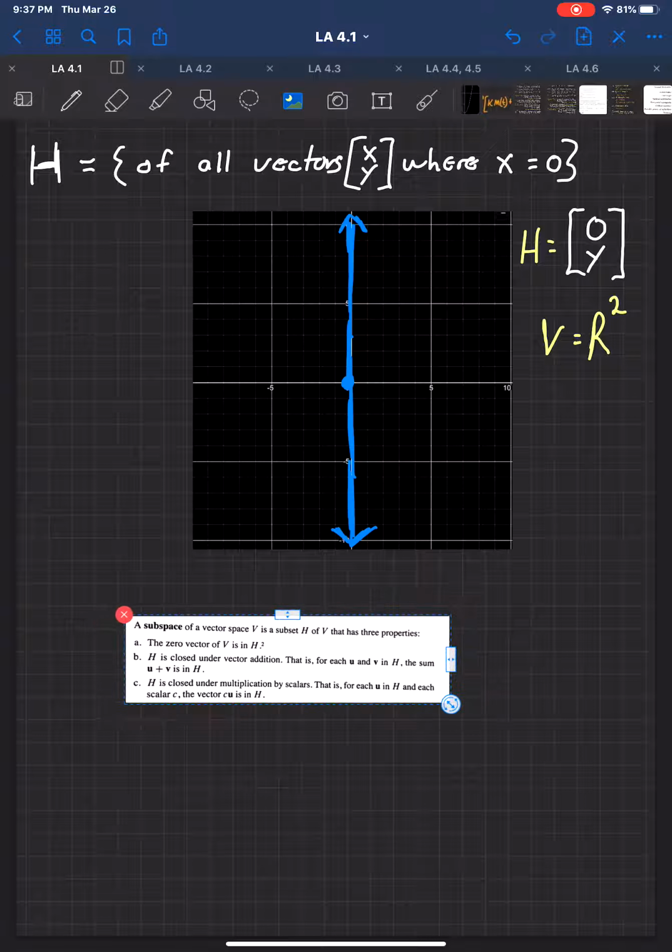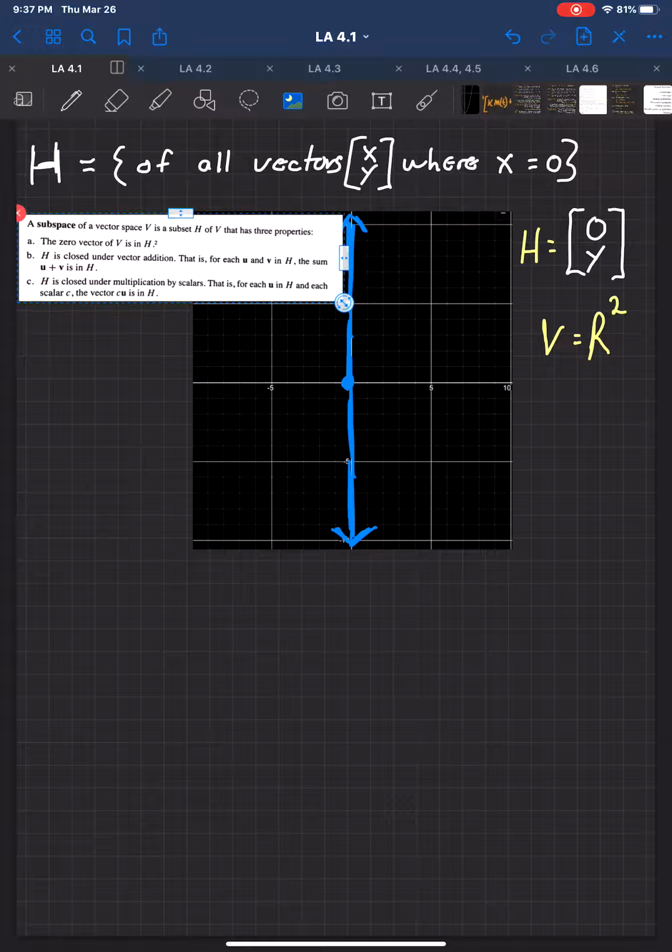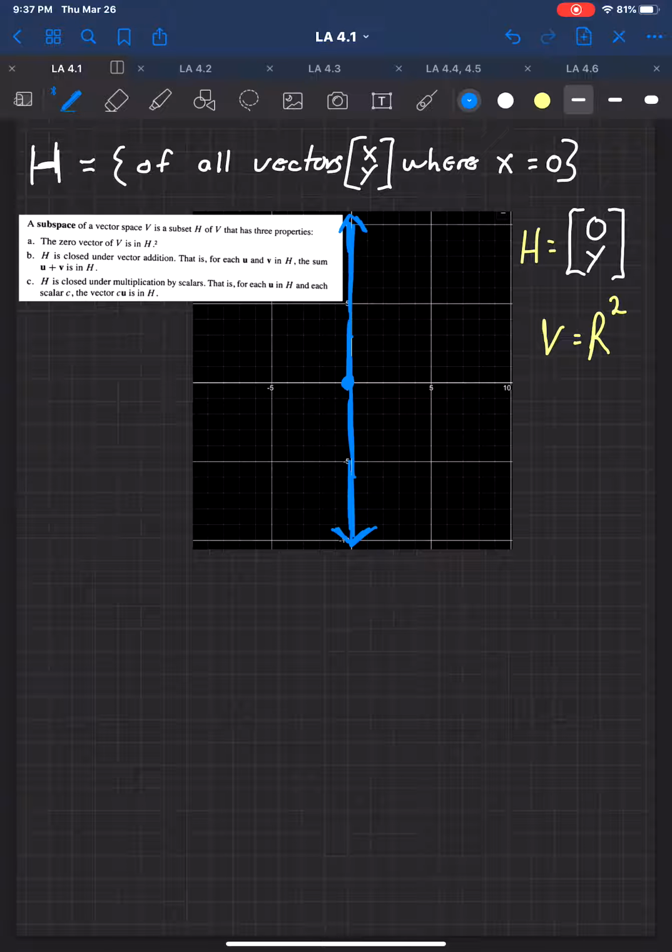Let's actually make this a little bit more formal this time, instead of just trying to pick random points in H. So let's think about the possible scenarios for vectors. We're going to pick some vector u, and we're going to pick some vector v. What are some options of points that are on this blue line, in this set H?